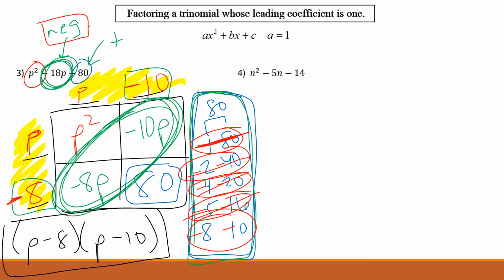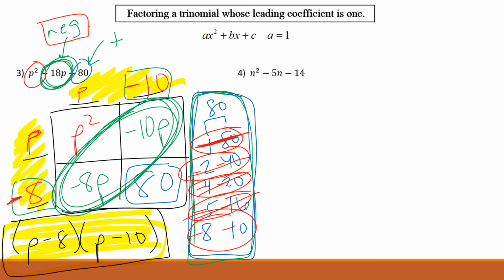Last one here that I want to show you how to do without the area model. What we want to try to notice are the patterns. So I know my answer, right? Our answers have been looking like this.